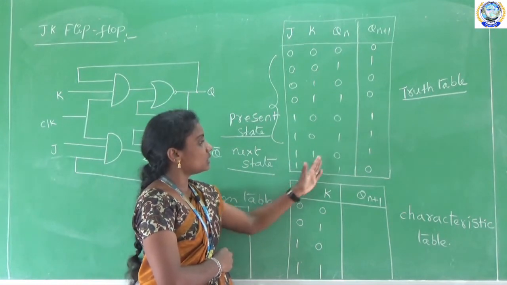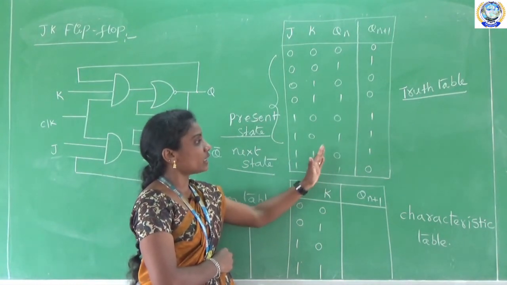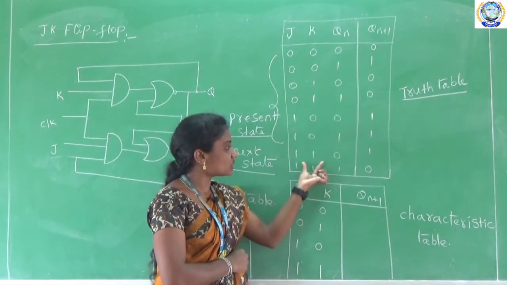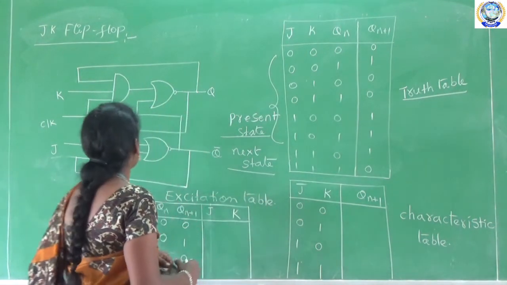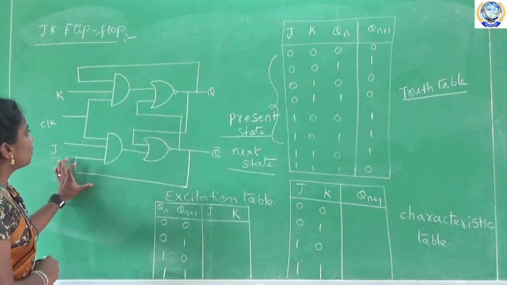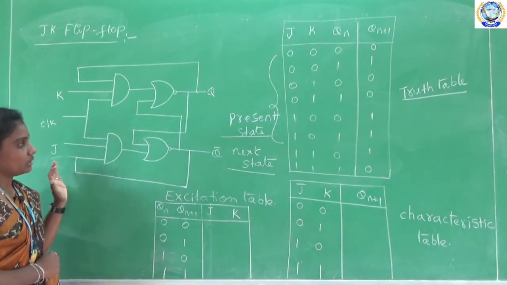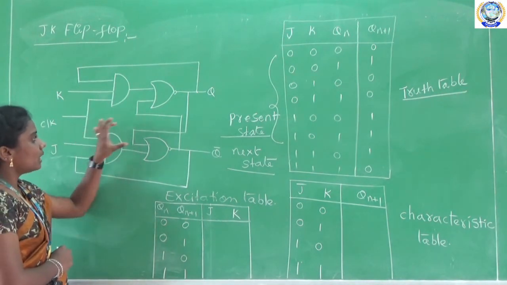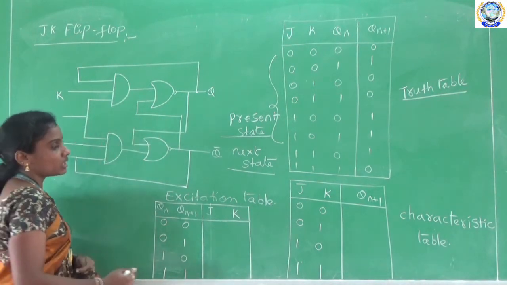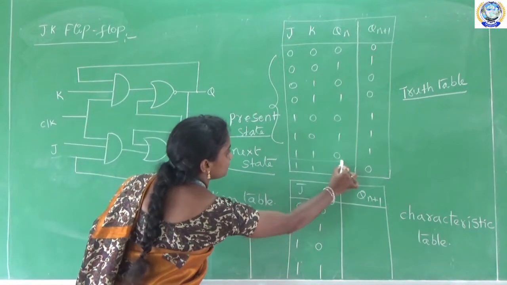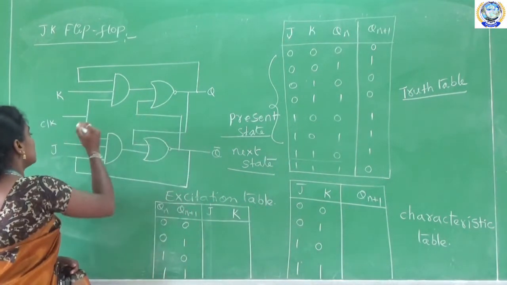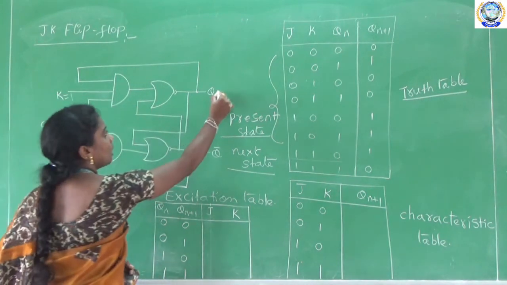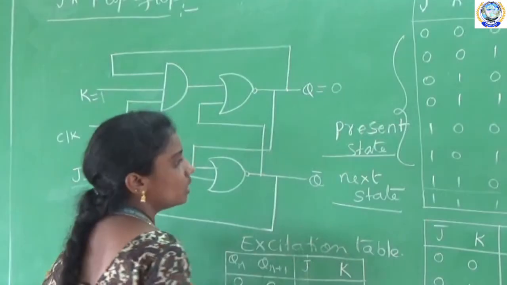If we consider these conditions, then what is the next state of this JK flip-flop? Now I am discussing this. If we observe the logical diagram of the JK flip-flop, it is connected with 2 AND gates and 2 NOR gates. Now I am considering J equal to 1, K equal to 1 and Q equal to 0.